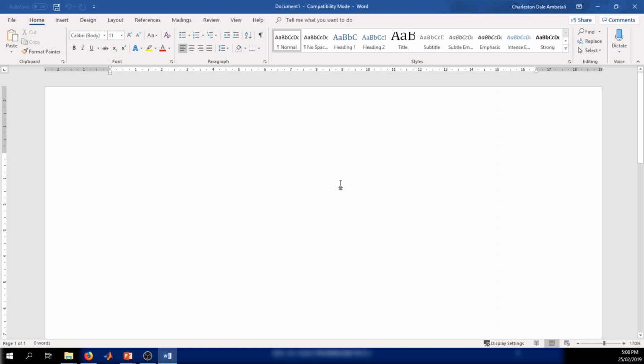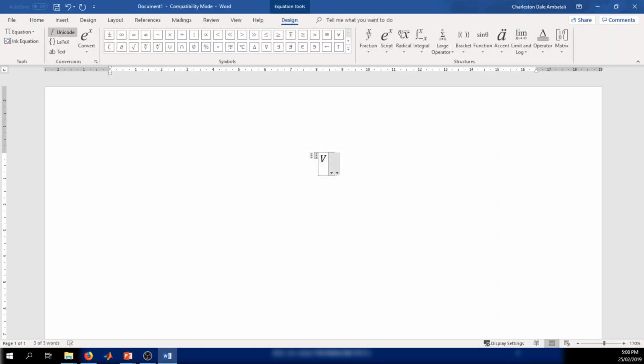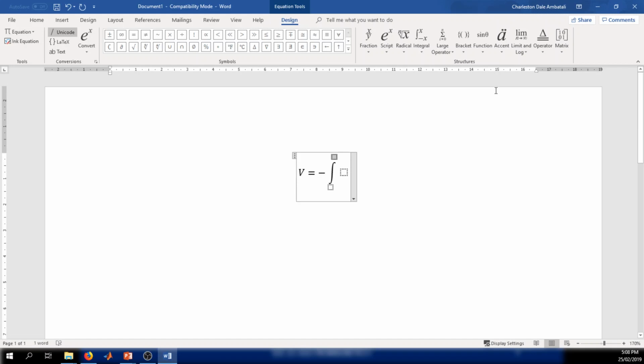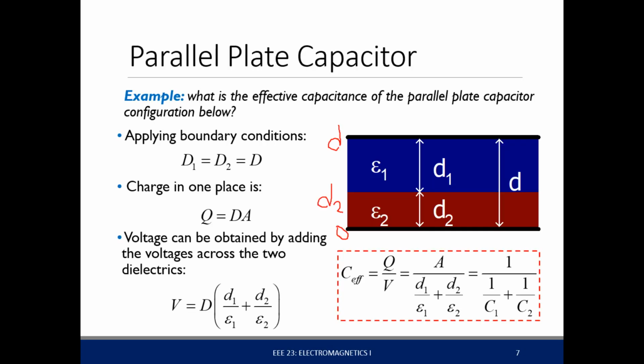Recall that the voltage is equal to the negative integral of your electric field dotted with your differential length. Here we want to integrate from the initial position to the final position.